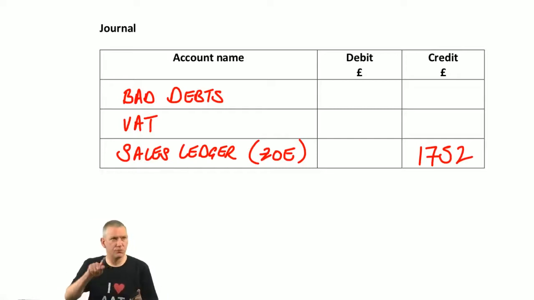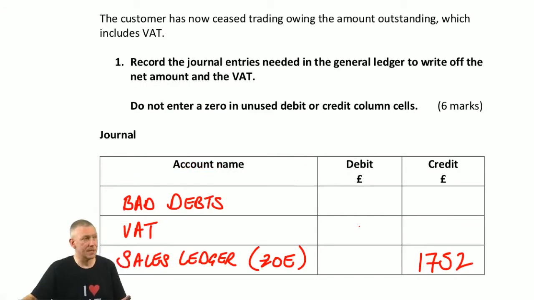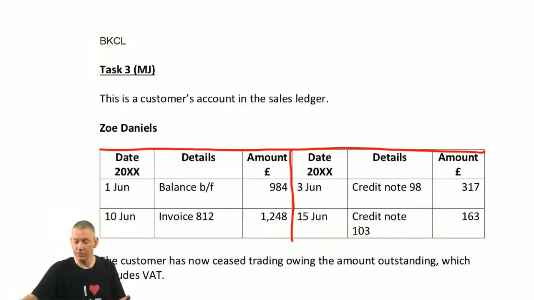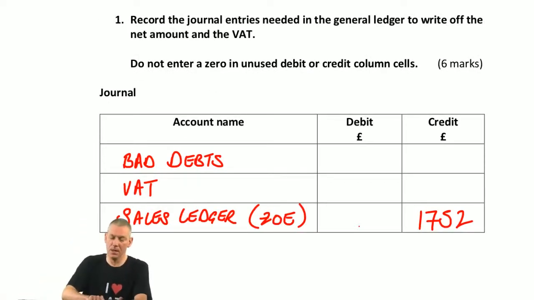Now the VAT rate is 20% throughout this examination. It's an assumed rate, but it is actually the real rate as well. So that 1752 includes the 20%.